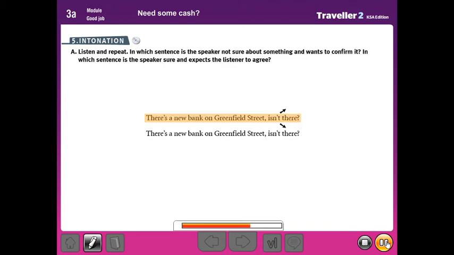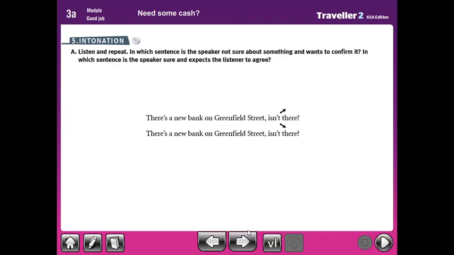There's a new bank on Greenfield Street, isn't there? Here in the first sentence, the arrow is up, so the intonation is rising.